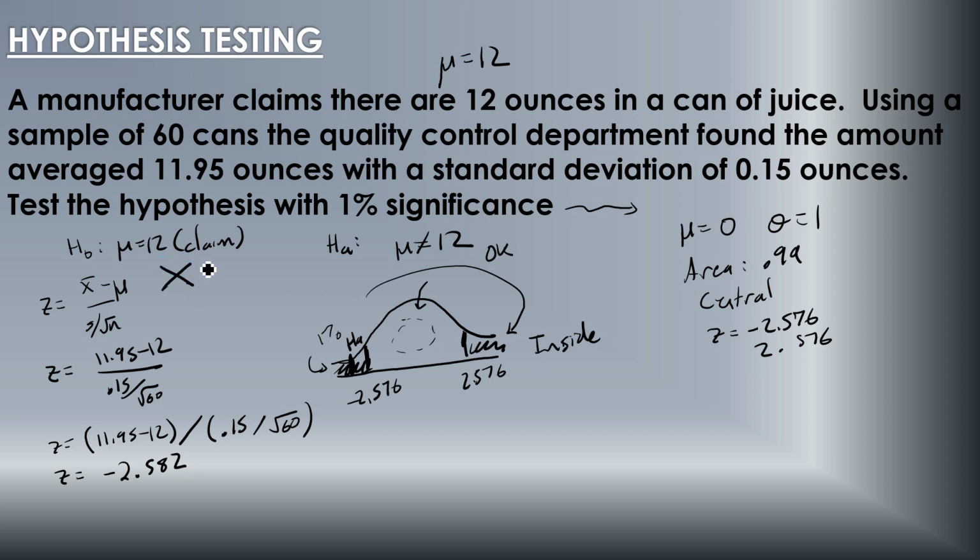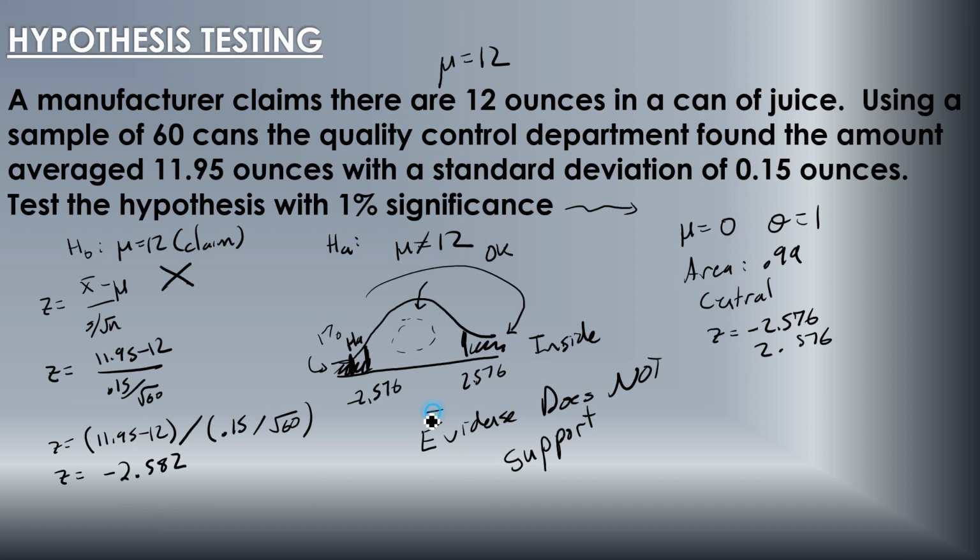We are not okay with this statement. So we're going to actually reject the claim, and we're going to say that evidence does not support the claim. And that's why it's very important at the beginning, because it's possible that if you skip that step of identifying your hypothesis and which one's the claim, you get all the way to the end and you don't know which thing you are rejecting.